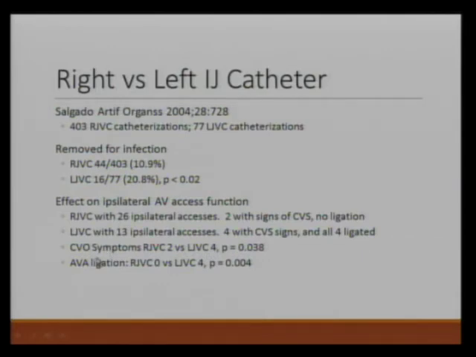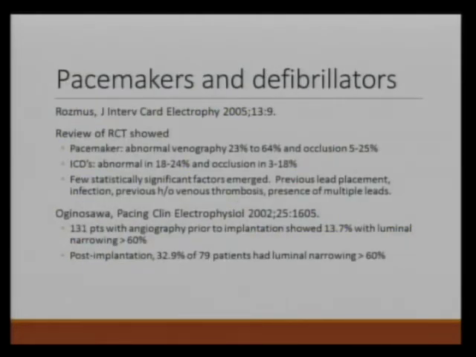They had the symptoms of central vein occlusion, and the right only had 2, the left 4. So the left is having more, and it could be the anatomical concerns. Also, the left is more likely to have a ligation, which is a big deal for a dialysis patient.